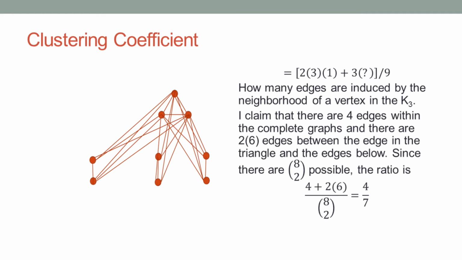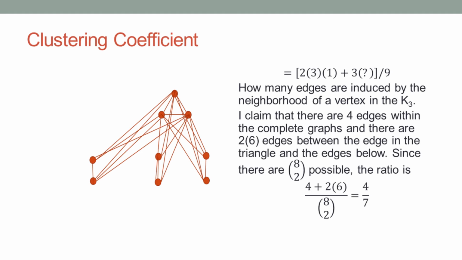So what is the clustering coefficient of the vertices in the triangle? If we choose one, its neighborhood is the entire graph except for itself. So the total possible number of edges that we could have is 8 choose 2. Now, to count the edges in the induced neighborhood of a single vertex from the triangle, we have 4 edges, the 3 that are below and the 1 that's in the triangle, plus the edges that run between the K3 and the edges below.